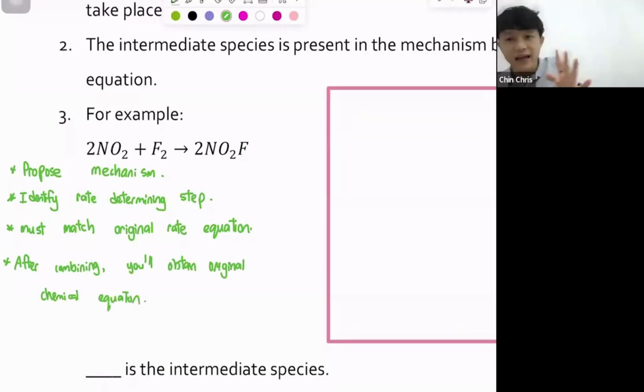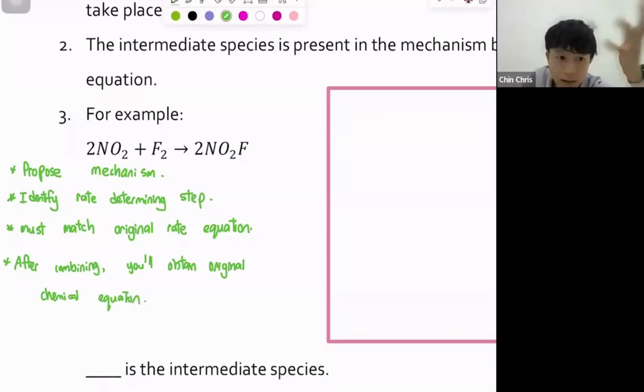So basically in the exam, they might ask you to propose a mechanism, second, identify a rate determining step. Your answer must match the original equation, and get the original chemical equation.